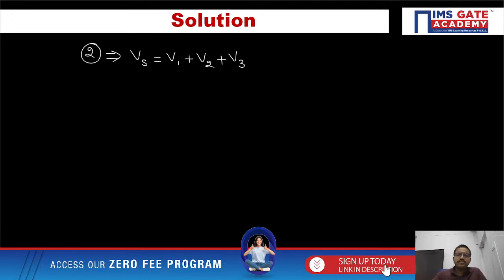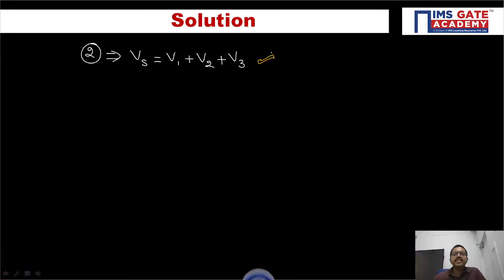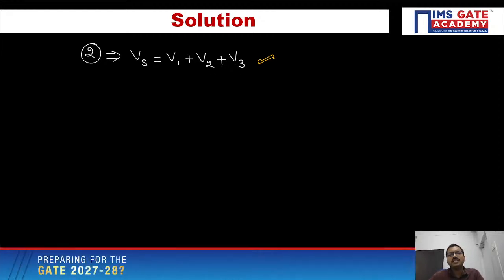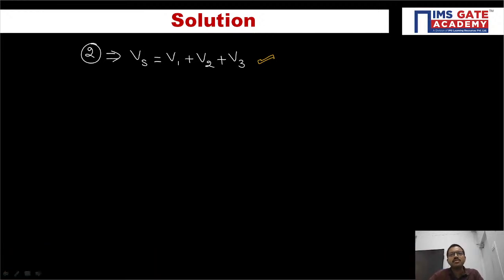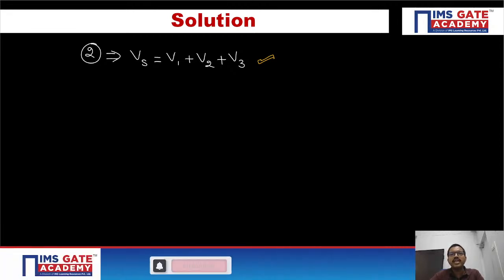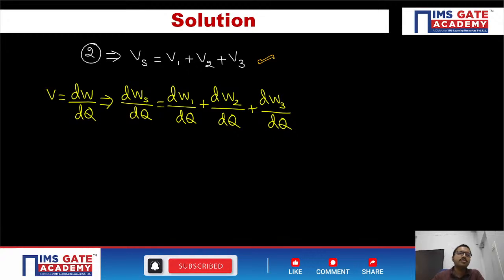First of all, consider equation number 2 from the KVL we applied in the earlier circuit: Vs equals V1 plus V2 plus V3. What is the basic formula for voltage? If you can recall, we can substitute it in this equation and get the conclusion. Voltage equals dW by dQ, the amount of work done to bring the charge.